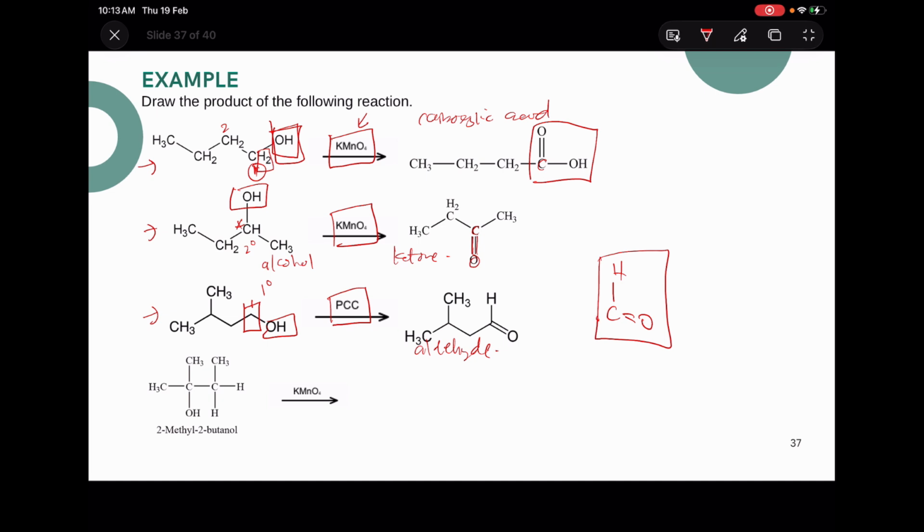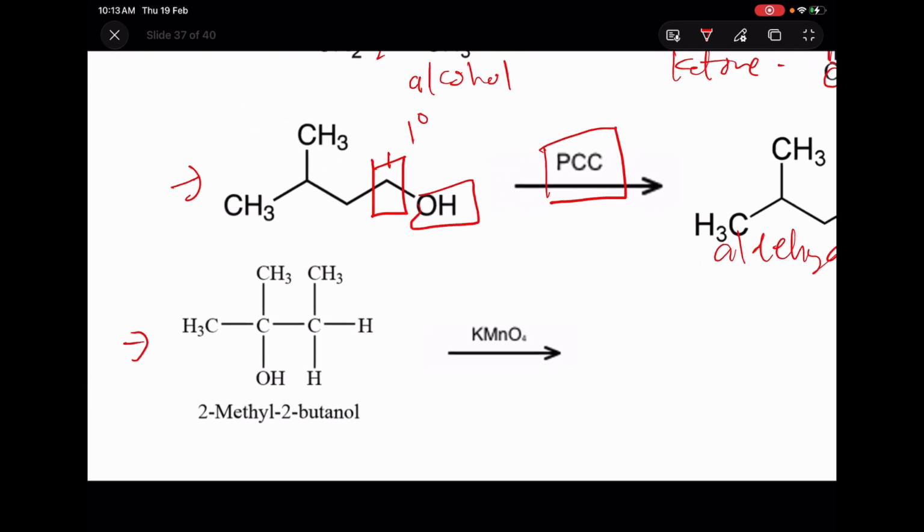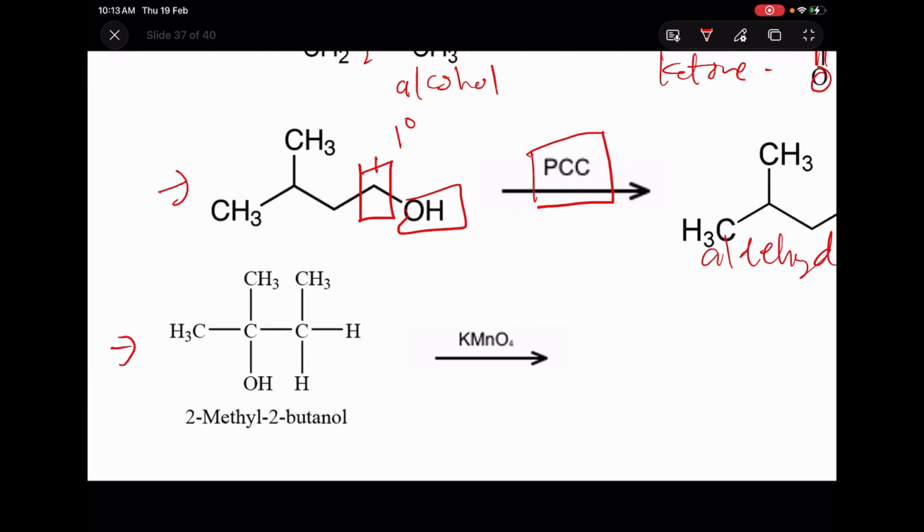Next, we look into the last example. This is the structure of a tertiary alcohol. Why tertiary alcohol? The OH is attached to the alpha carbon, and the alpha carbon is attached with 1, 2, 3 carbons, which indicates the tertiary alcohol.